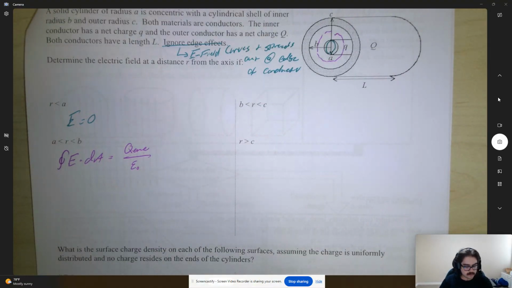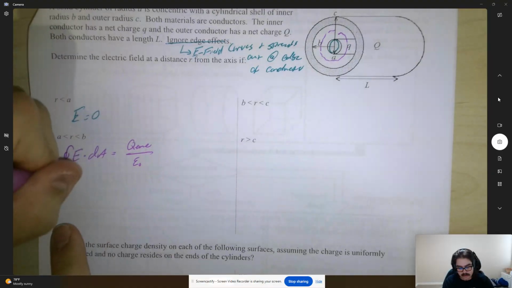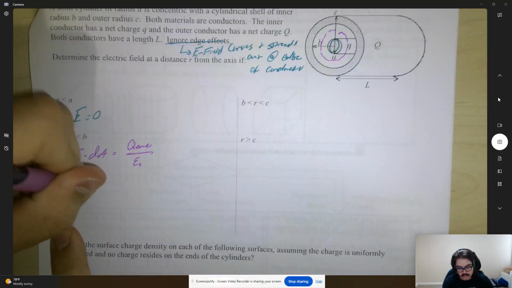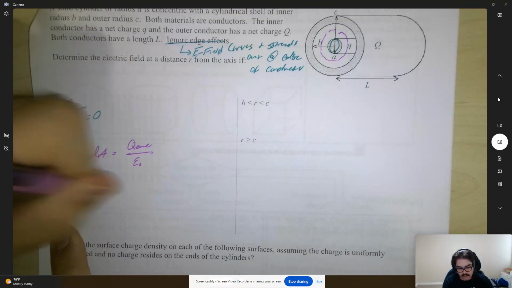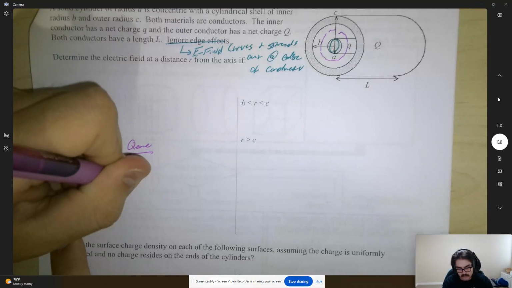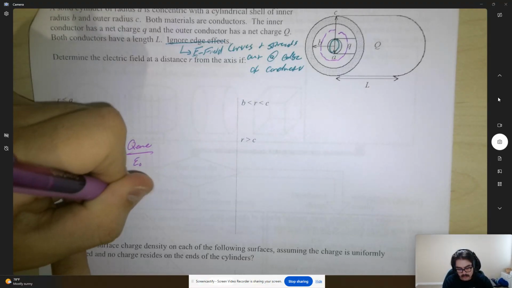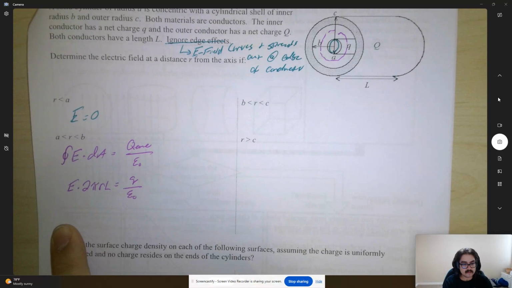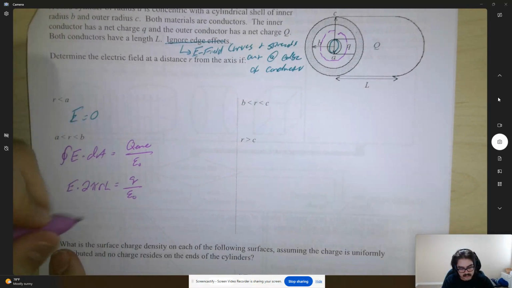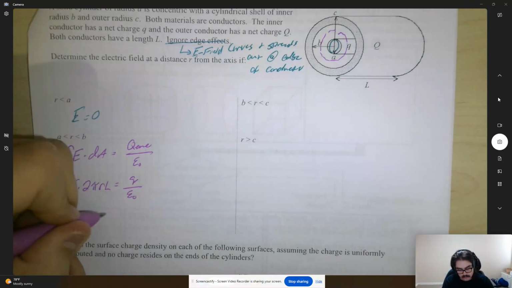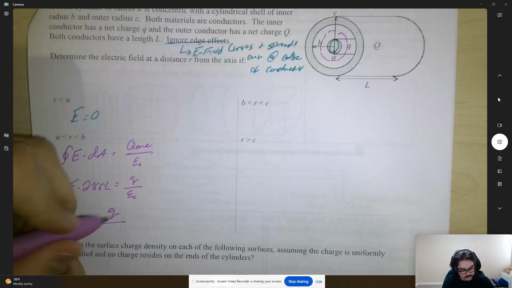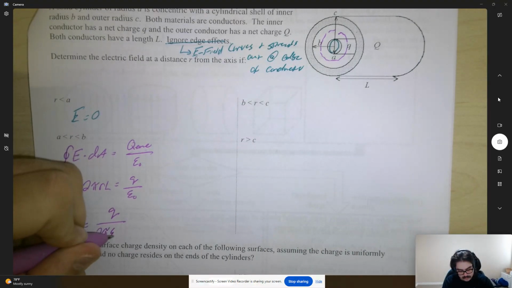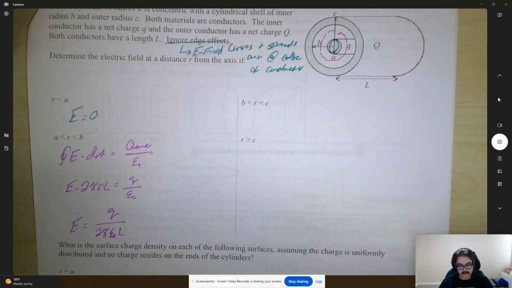And so I already know what this is going to evaluate to: E dot 2 pi RL equals Q enclosed, which is just little q, over epsilon naught. Then I divide both sides by 2 pi RL, and I get the E field is equal to q over 2 pi epsilon naught L.